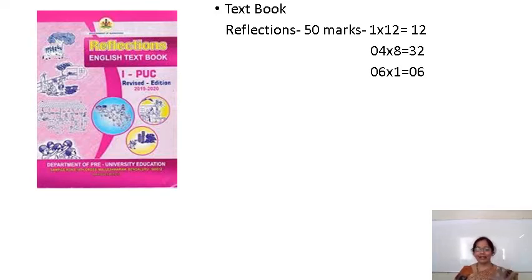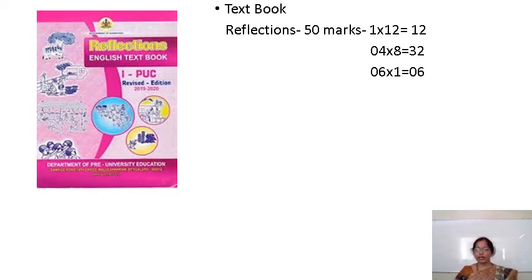From those 8 units, you are going to cover 50 marks in the annual examination. The marks have been divided like this: 12 questions for 1 mark and 8 questions for 4 marks, and for 6 marks only one question you have to write from the textbook. Remember, only 50 marks you are going to cover from the textbook.